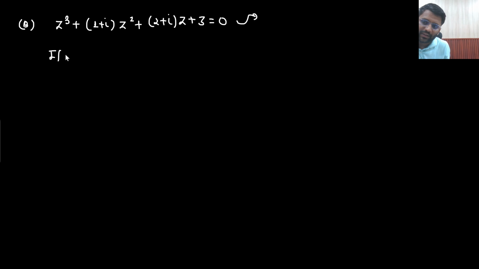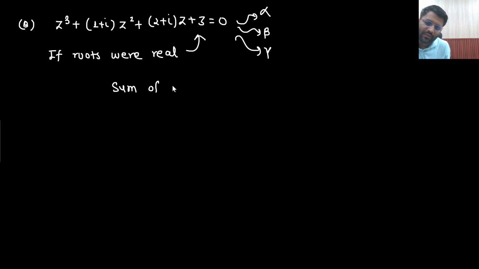If all roots were real, then what would have been the scenario? One root would be alpha, another root would be beta, another root would be gamma. Sum of roots would be alpha plus beta plus gamma. This would have been the sum of roots, which will be a real number.